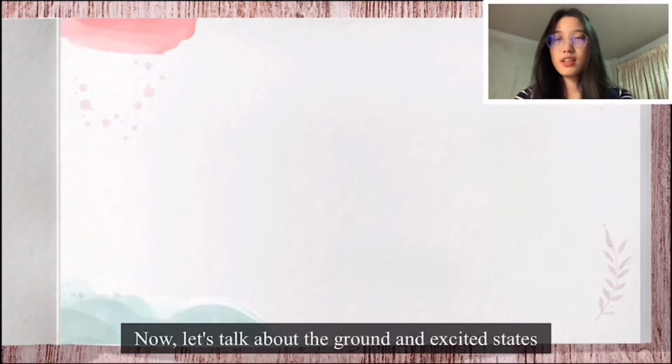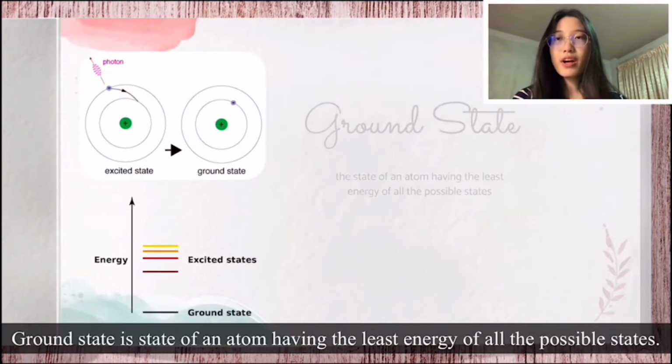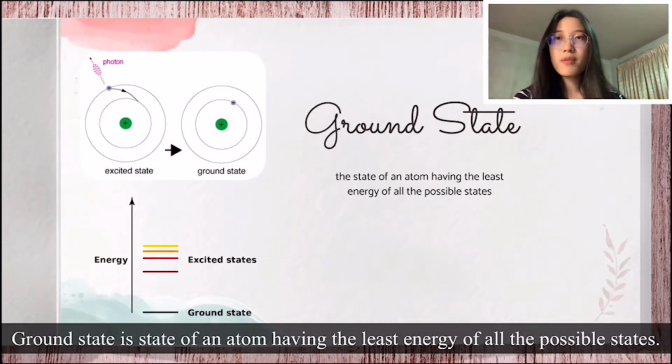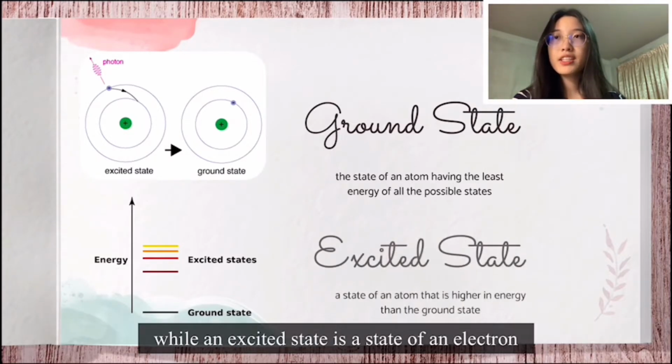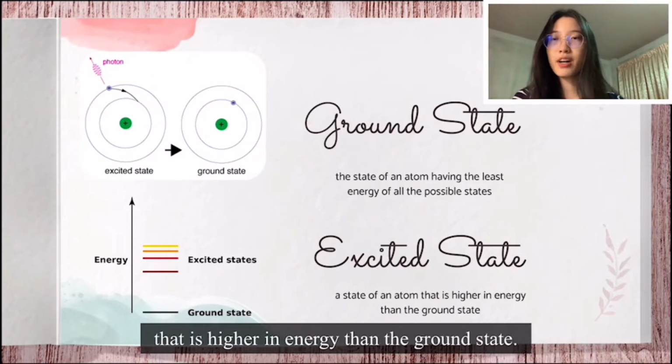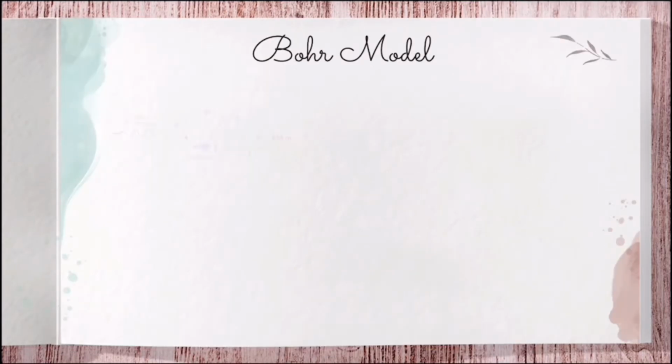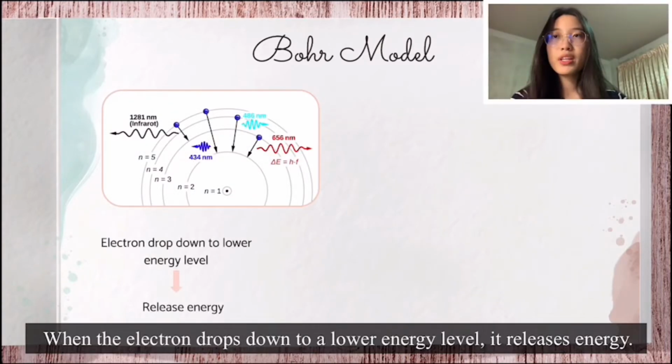Now, let's talk about the ground and excited states. The ground state is the state of an atom having the least energy of all possible values, while the excited state is the state of an electron that is higher in energy than the ground state. When the electron drops down to a lower energy level, it releases energy.